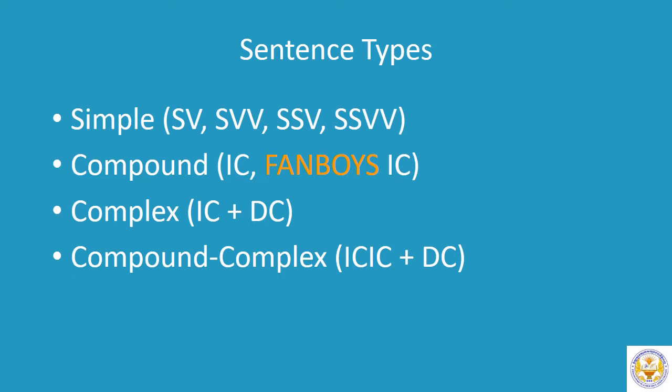To write a simple sentence, we can use 4 formulas: SV, SVV, SSV, SSVV. The letter S represents the subject and the letter V represents the verb or the predicate.